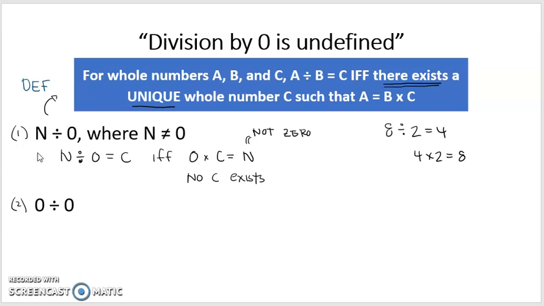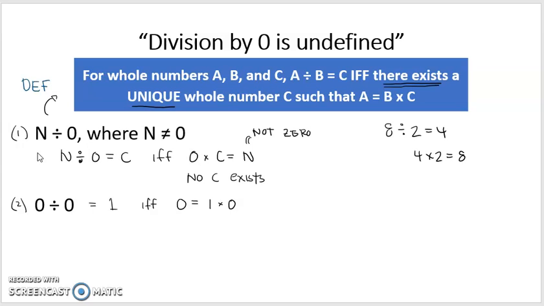When kids tell me that equals 1, I say, you know what? You're right. Does 0 divided by 0 equal 1? Let's see. That's true. Look at the multiplication. If and only if 0 equals 1 times 0. Yeah, that must be true. 0 divided by 0 must be 1, because this is true.